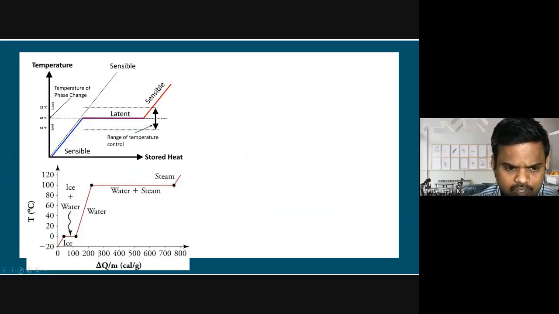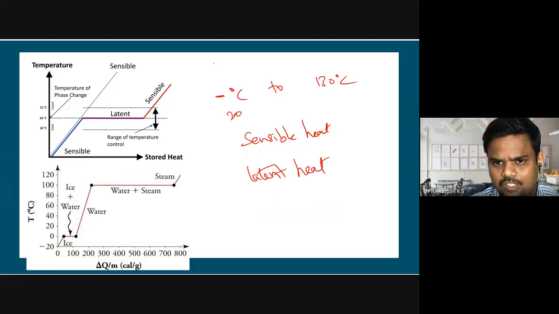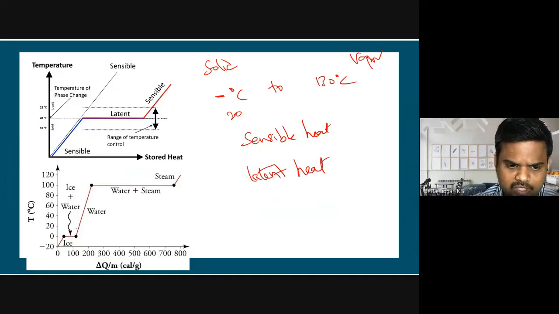So totally, when you are heating from minus 20 degree Celsius to 130 degree Celsius, how many sensible heats are there and how many latent heats are there, from solid to vapor? How many sensible heats are there?